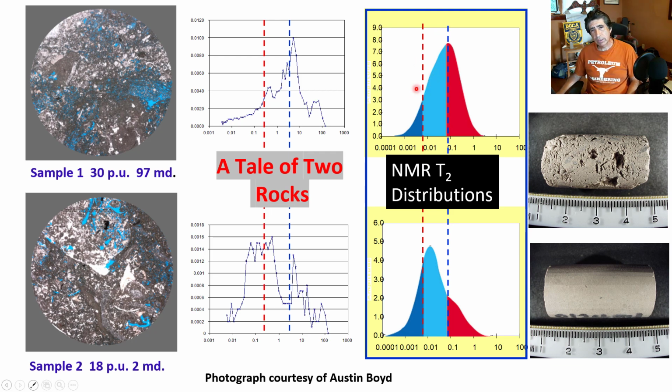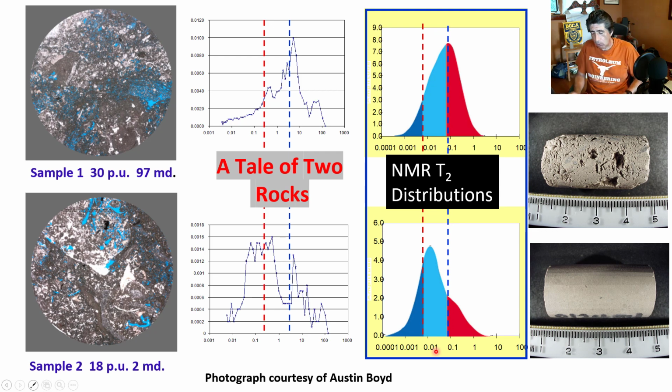So if we were to partition the distribution into several symmetric quasi-log normal distributions, you will see that in this example you will need about 3 suggested here, and maybe you also need 3 here, but the average peaks of the T2 distribution here will tend to be at lower times than here, and because of that we have the suggestion that the rock at the bottom, based essentially on the NMR T2 distributions, has lower permeability.